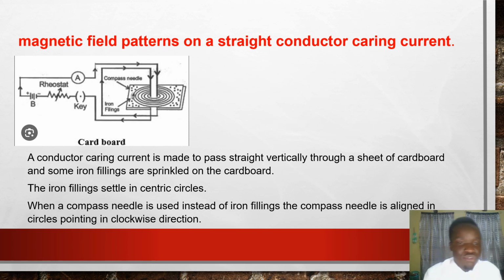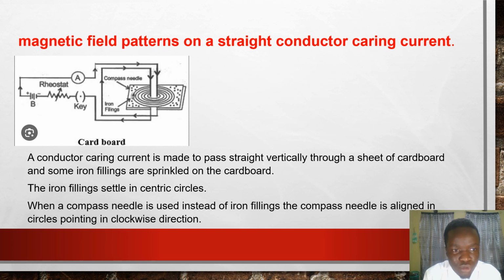The reason for using iron filings in this scenario is that iron filings are ferromagnetic materials. This means they are easily magnetized and easily demagnetized.